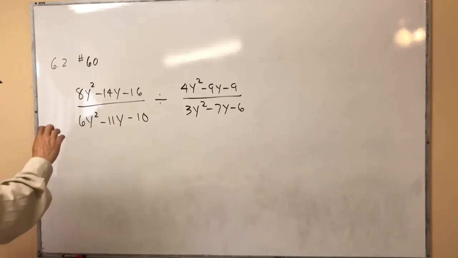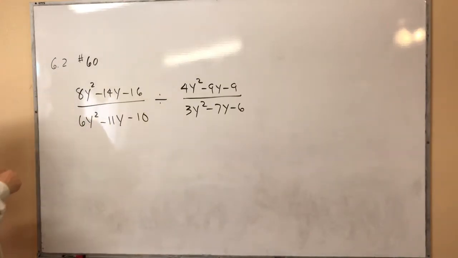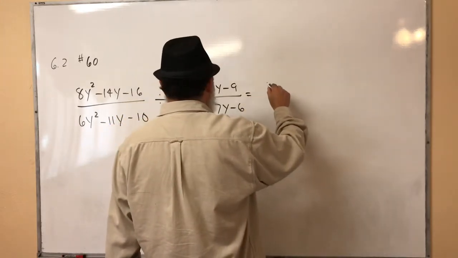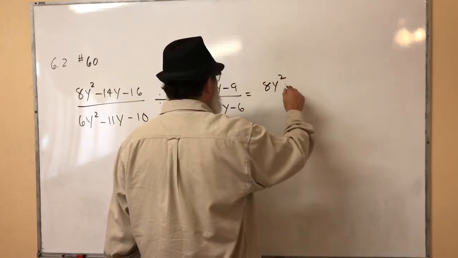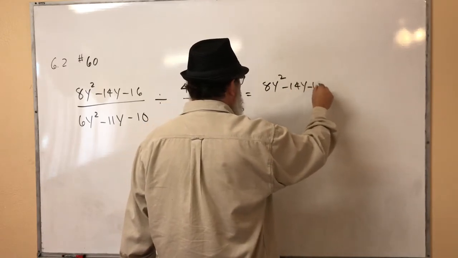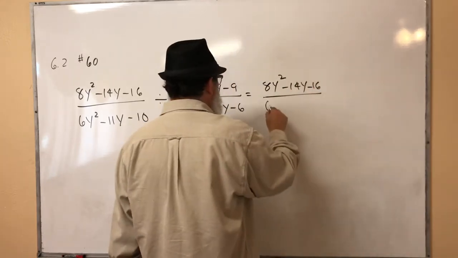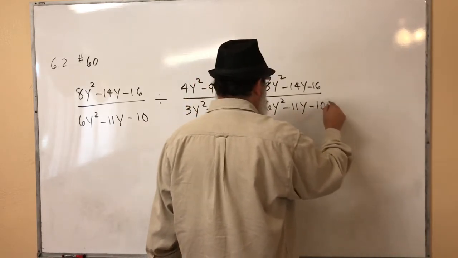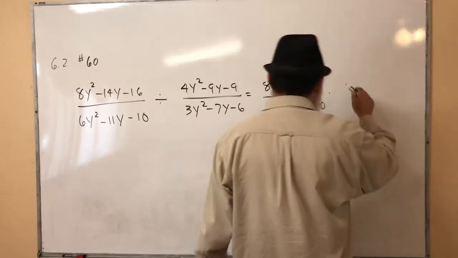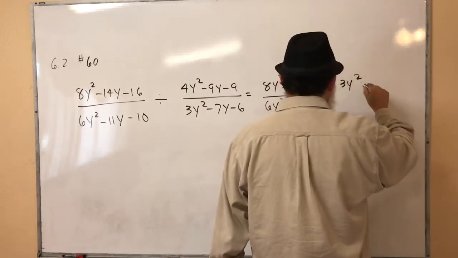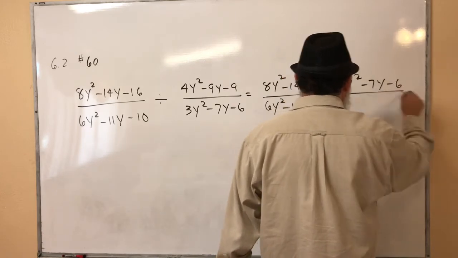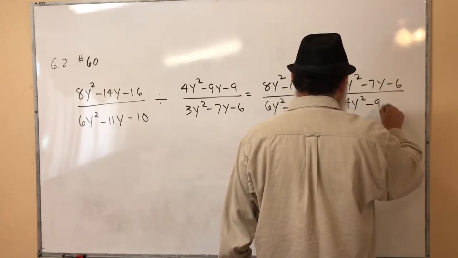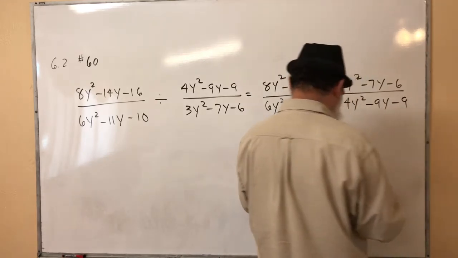Okay, so first, flip it over, multiply. So here, this is 8y squared minus 14y minus 16 divided by 6y squared minus 11y minus 10 times, this goes up, 3y squared minus 7y minus 6 divided by, this comes down, 4y squared minus 9y minus 9.